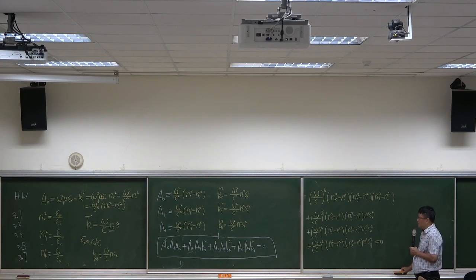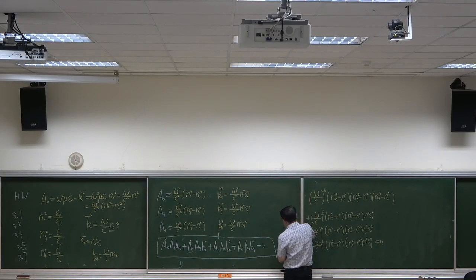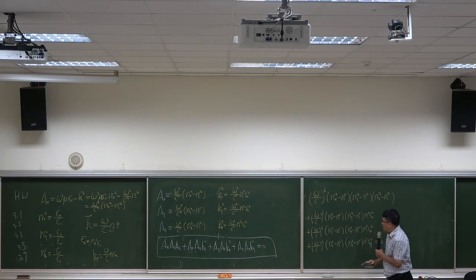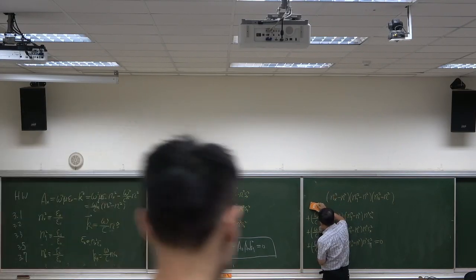So we see that this omega over c to the 6th power is the common factor. We can drop it.